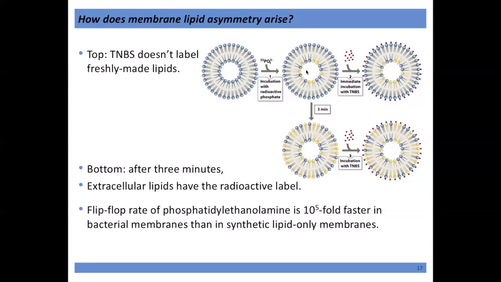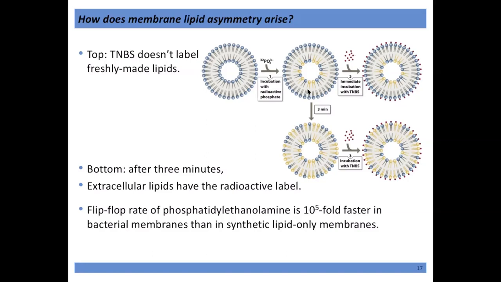The bacteria are going to start to synthesize these phospholipids. And if right after we introduce that phosphate, we use the TNBS, we're going to label just the outside. The TNBS isn't going to get into the inside. Then you separate those labeled lipids, and what you find out is none of them are radioactive.